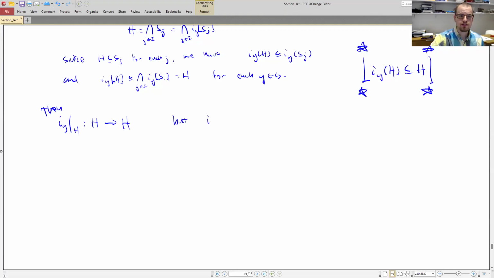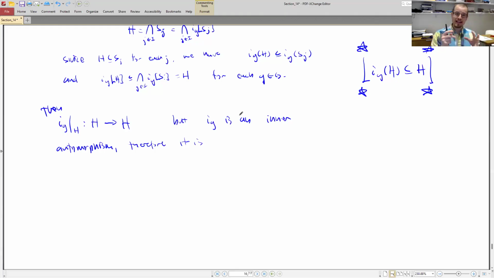I sub G is an inner automorphism. Therefore, well, an inner automorphism is an isomorphism.